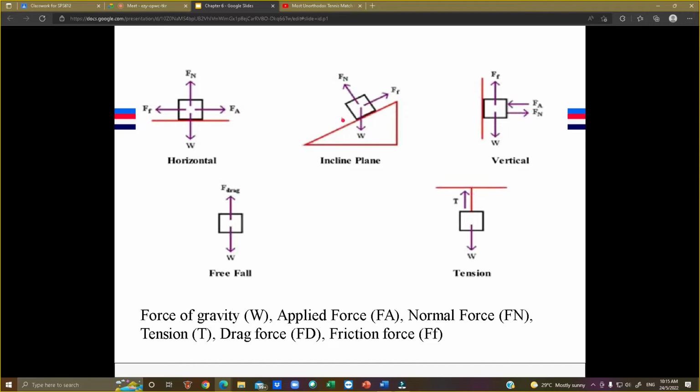And to the top, it depends. Kalau macam yang ini, kita ada apa kat atas? Normal force, nothing. Tapi bila kita masuk yang ini, kita ada FF, friction force. Why? Because this box is moving downwards.